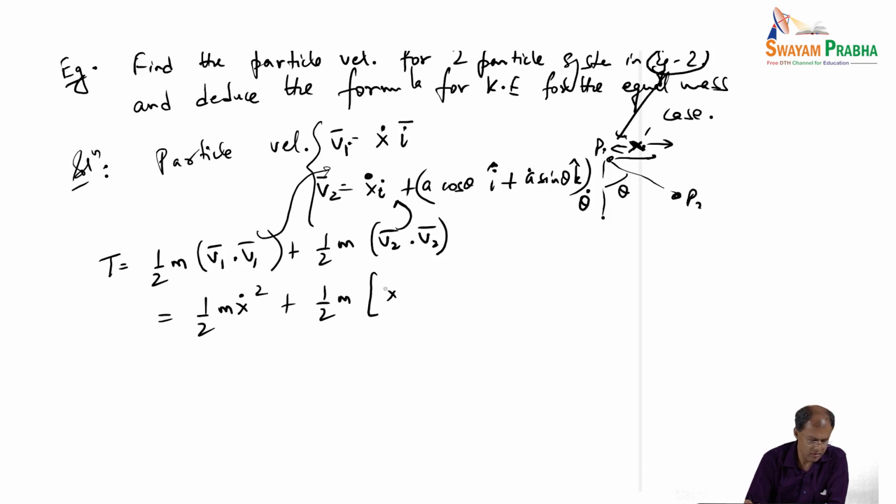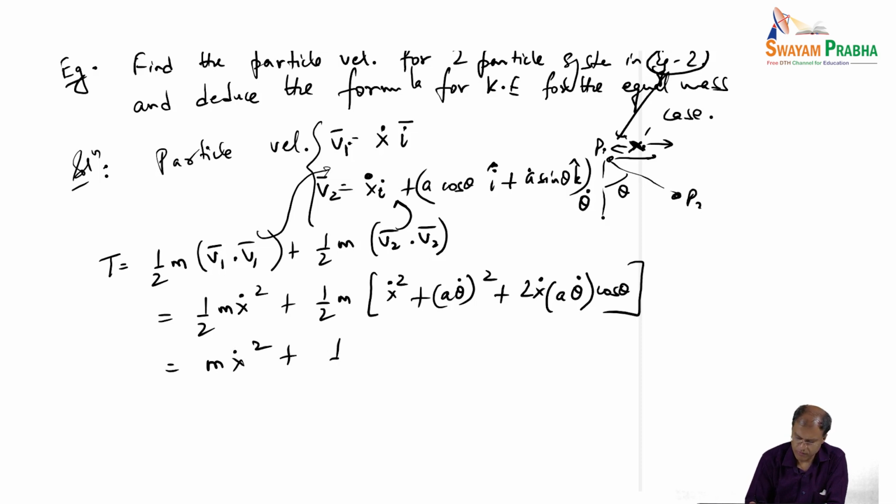So x dot square plus a theta dot square plus 2x dot a theta dot cos theta, right? And this is also equal to, we do a little bit of simplification, so we get the following: half m a square theta dot square plus m a cos theta x dot theta dot.